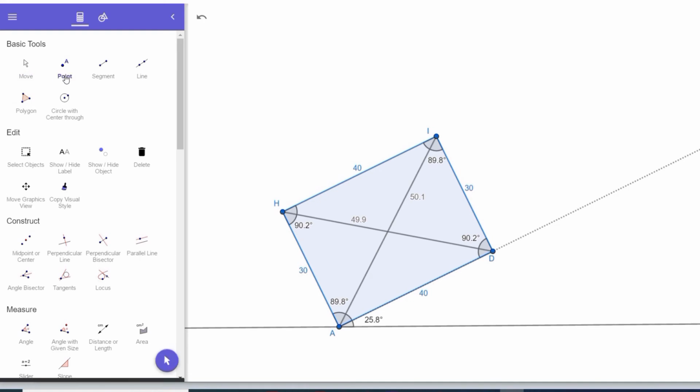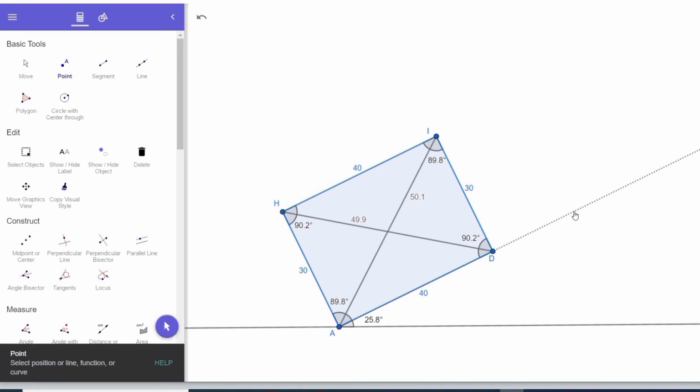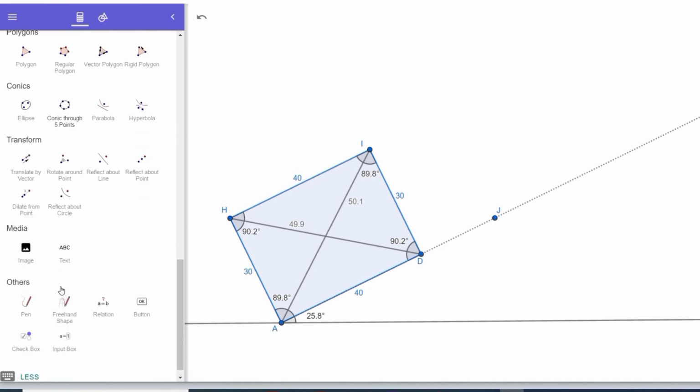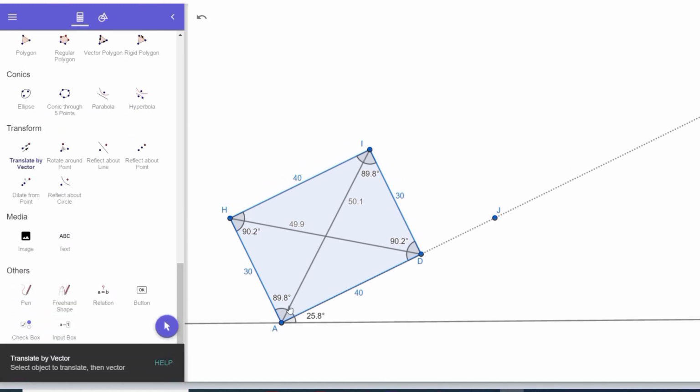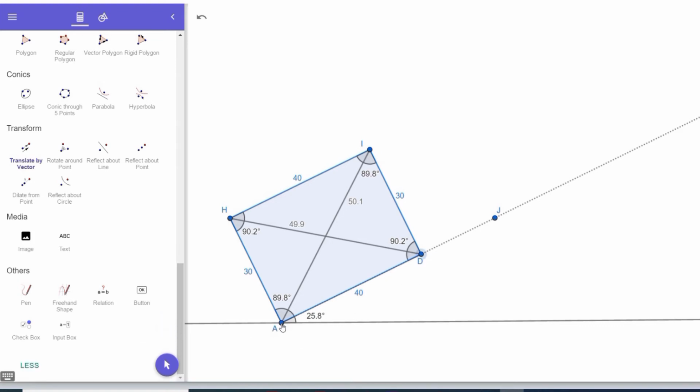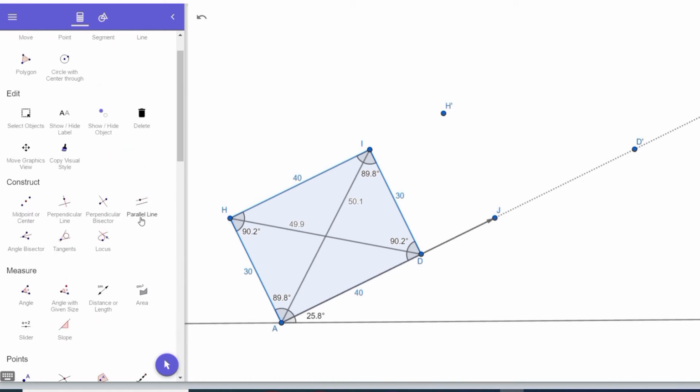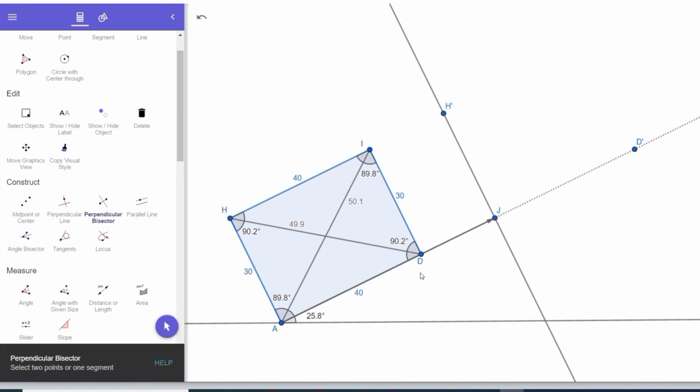Now I will mark a point J on ray AD at some distance away. Now watch this step clearly. I am making another point ahead of J, which is at the same distance and direction as point D from A. Similarly, I will mark another point from J, which is at the same distance and direction as point H from A. Now, this step actually begins the creation of a quadrilateral at half the size of the original.